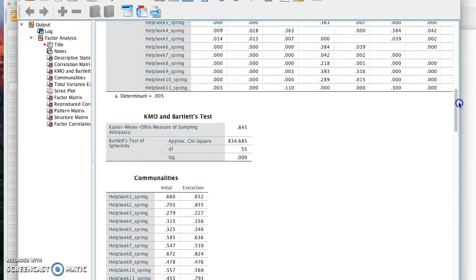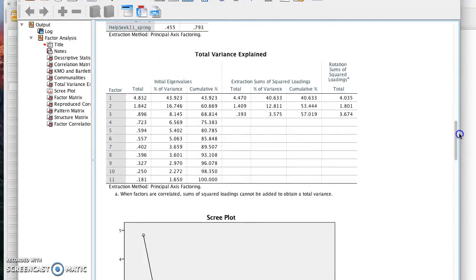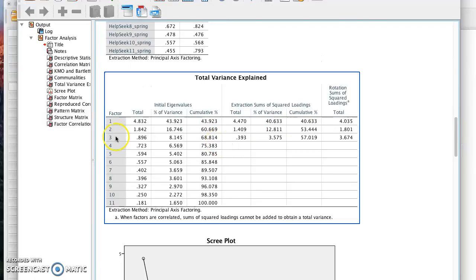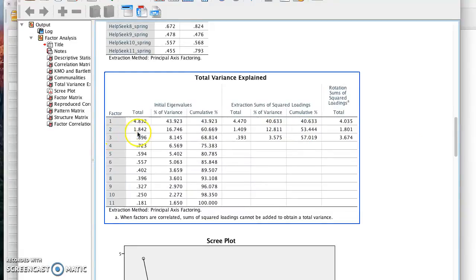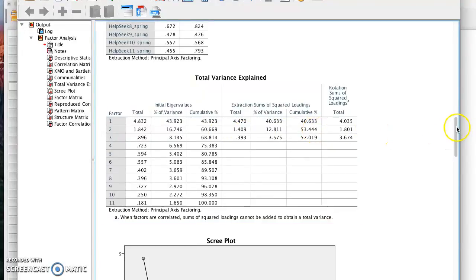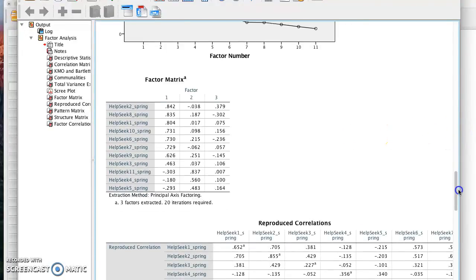You should notice that now we have 3 rows of data in terms of the extraction sums of squared loadings. This is the part you're going to explain a little bit: how this is different from what you saw yesterday in the class example, when we used eigenvalue larger than 1 to determine how many factors were extracted.